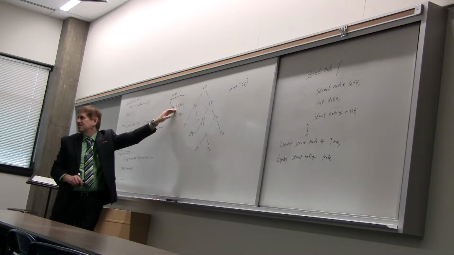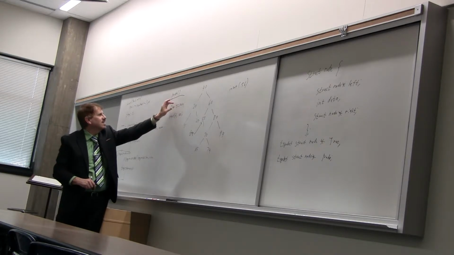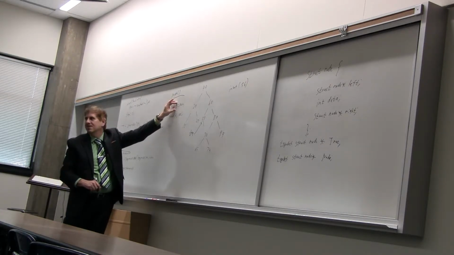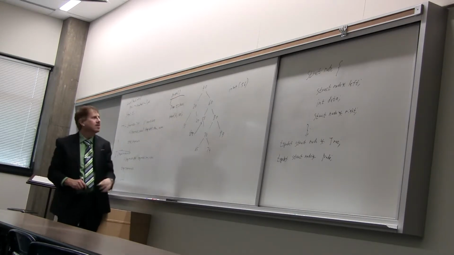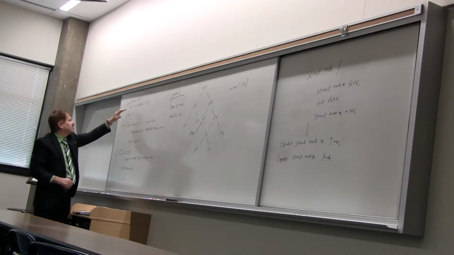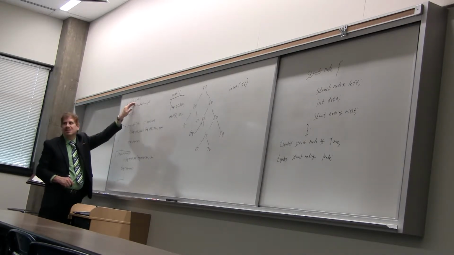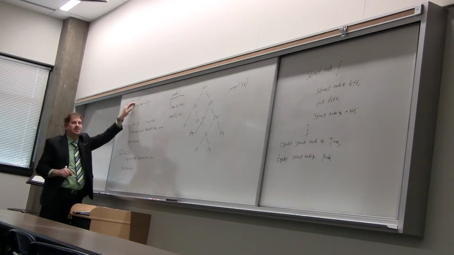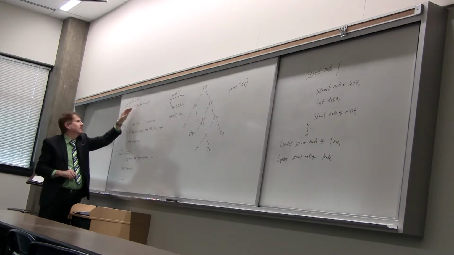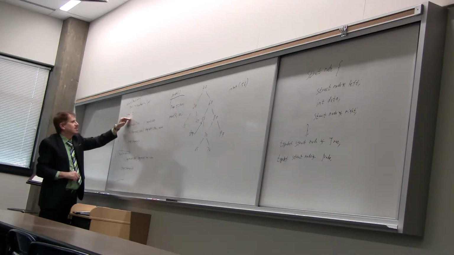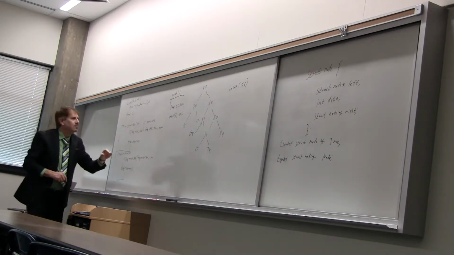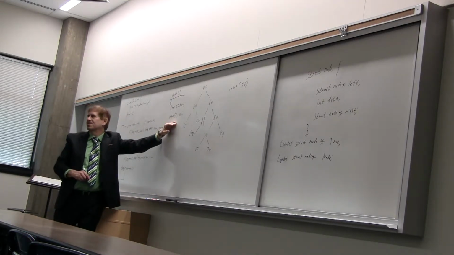Why? Because C is passed by value. When I call insert, I'm not passing this variable, I'm passing the value of it. And my subroutine makes a local variable called t and sets it equal to the same value as my t, which is null. It'll check to see if it's null, it'll change t to point to my new node. When I come back here, t is still null.